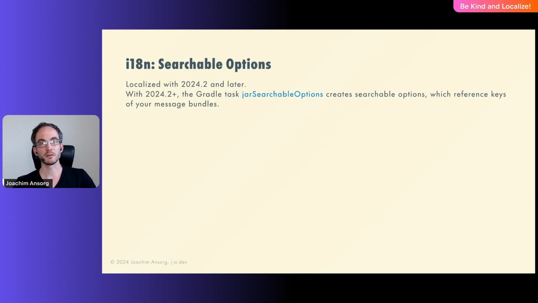Key is enough. There's also searchable options, which is usually added by your Gradle build. And with the latest and current version, it's automatically using the keys of your message bundles. So that's quite nice. It's a quite nice change. So you do not have to care about that.